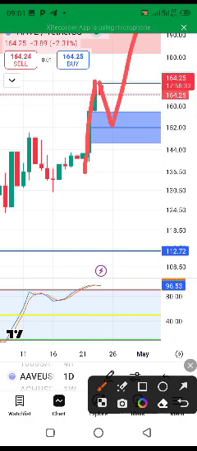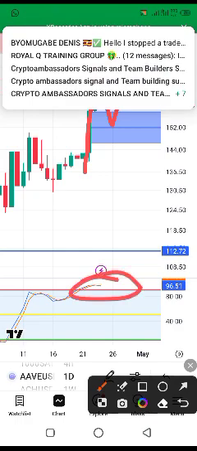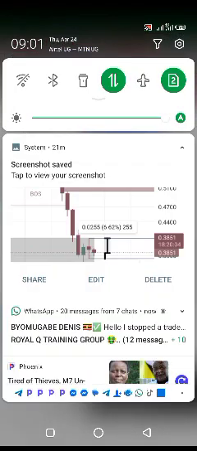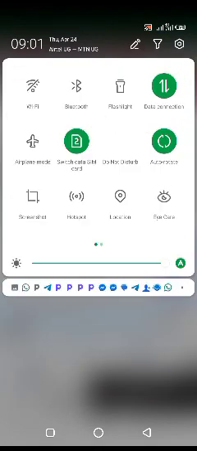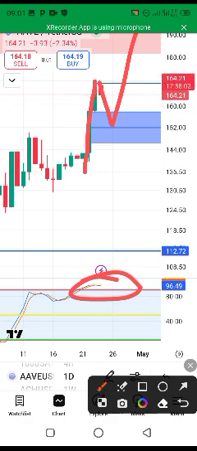So if you are trading with the fair value gap, you always consider the stochastic RSI. According to the stochastic RSI, you can see it is in the overbought area. That means anytime it is going to fall. So if it falls and reaches this fair value gap, and the stochastic still shows that it is moving down, don't enter a trade.